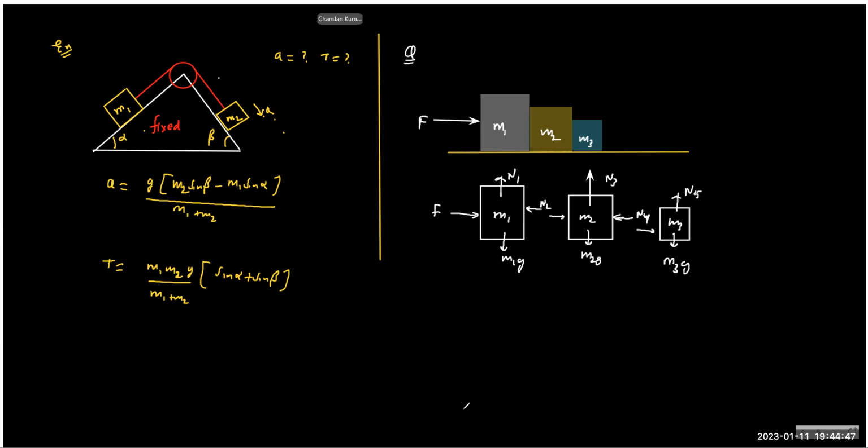And now, as per the FBD, because all will have the same acceleration, what will be the laws of motion for each block? For M1, what is the law of motion? F minus N2 equals M1a. What about M2?